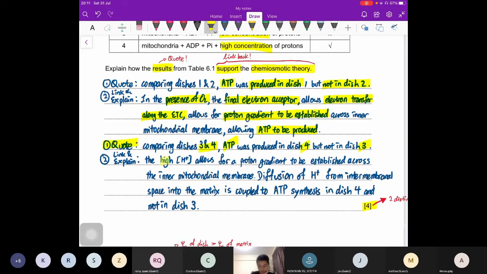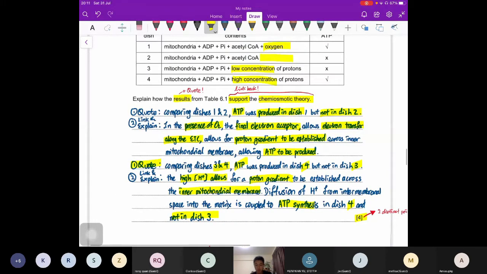So the high concentration of protons allows for your proton gradient to be established across your inner mitochondrial membrane, across your cristae, and the diffusion of your protons from your intermembrane space into your matrix, okay, allows for ATP to be synthesized in 4, but not in 3.